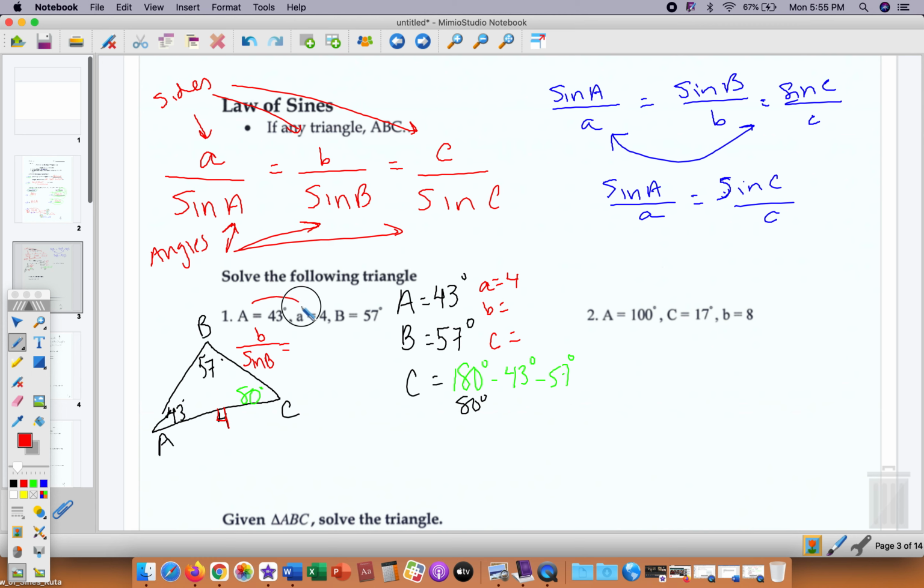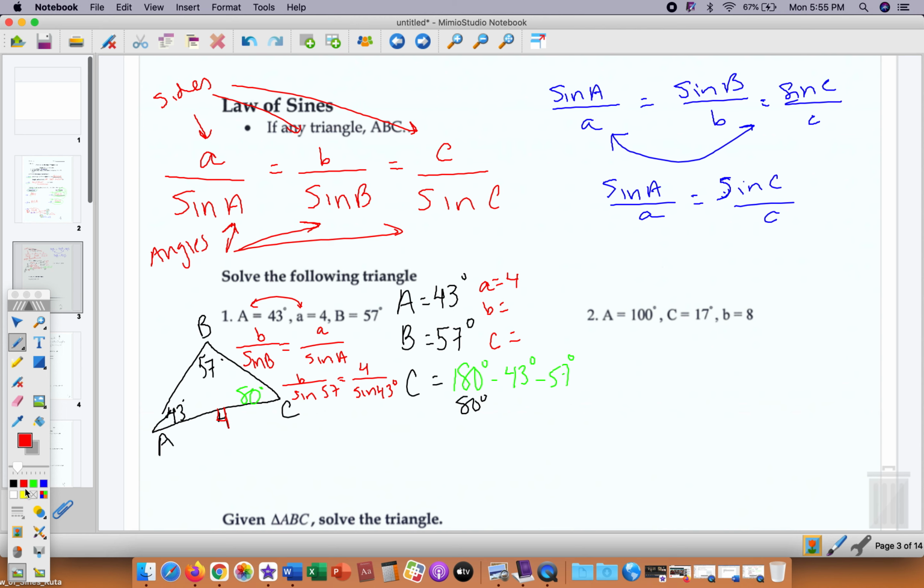We have a right now, that side and that angle, so let's go with a. So we have little b over sine of angle B, 57 degrees, is equal to little a, 4, over sine of 43 degrees.